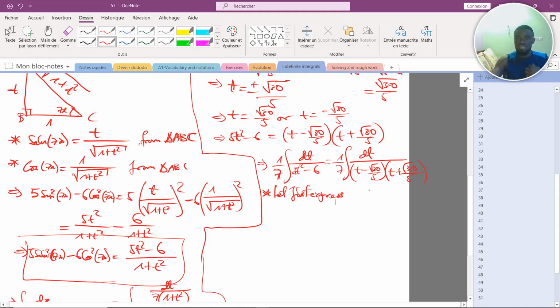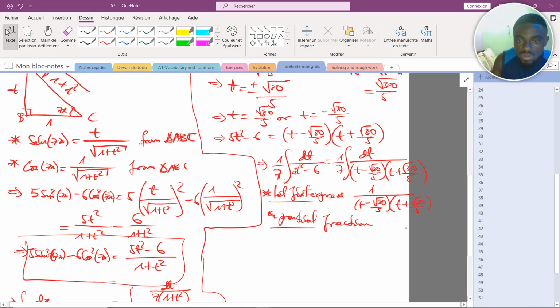So let's first express 1 on t minus root 30 on 5 into t plus root 30 on 5 in partial fractions.